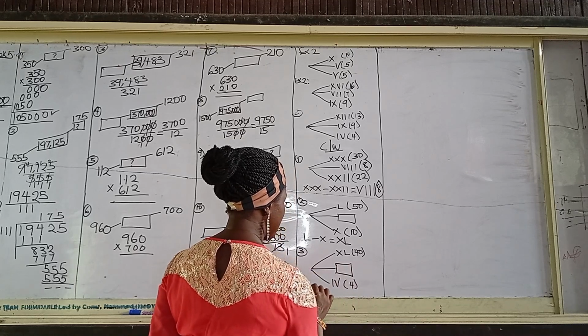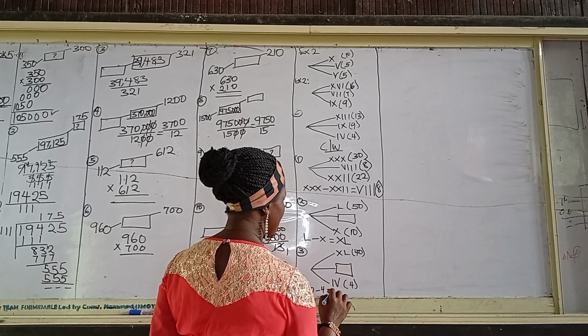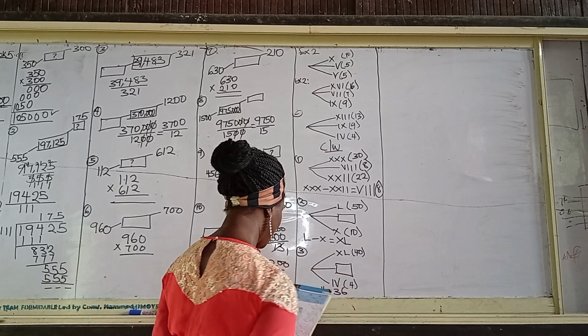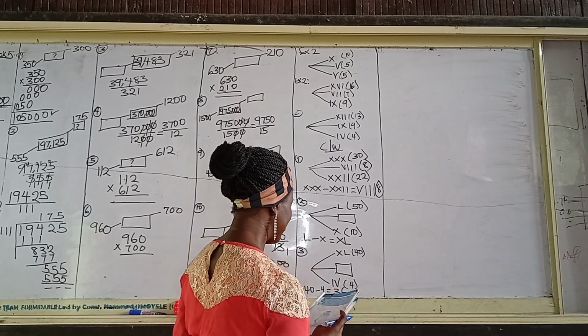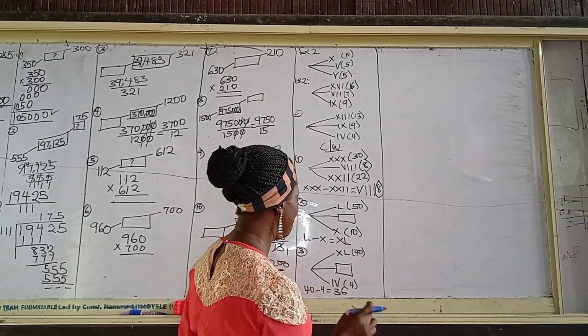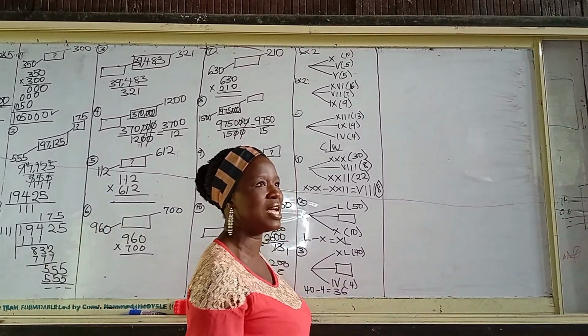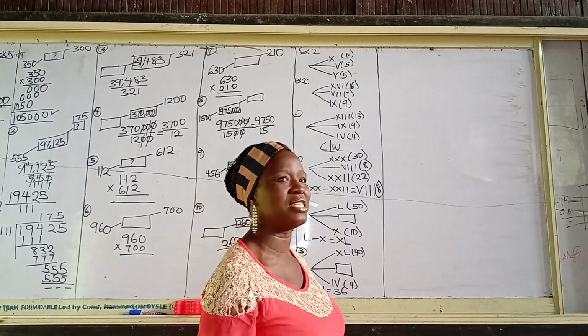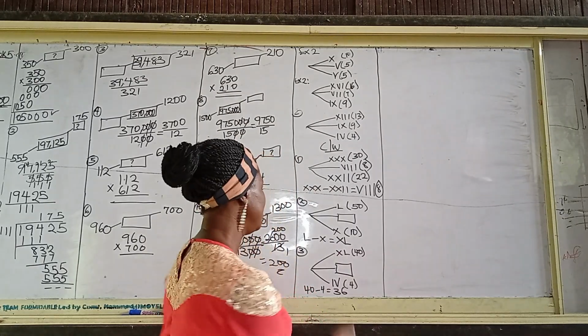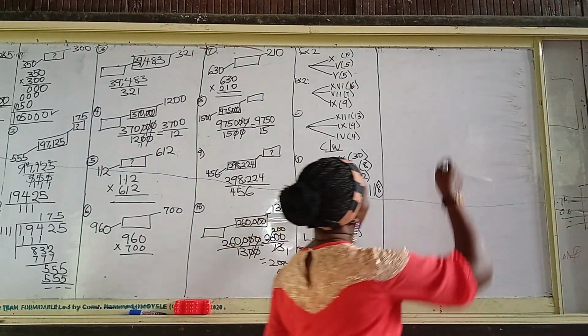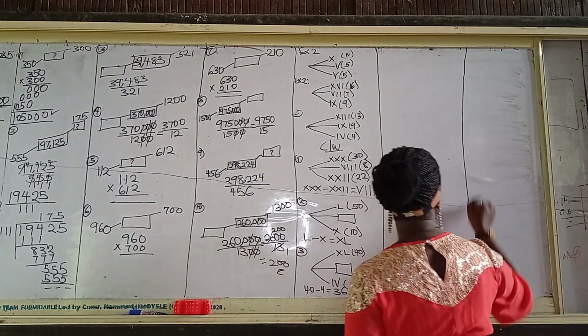That will be 40 minus 4, which gives us 36. So how do we write our 36? Write it and put it there. X gives you 30, V gives you 35, and I gives you 36. So put it there and let me know that we are together.